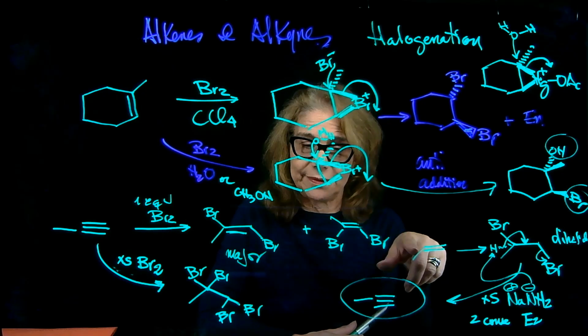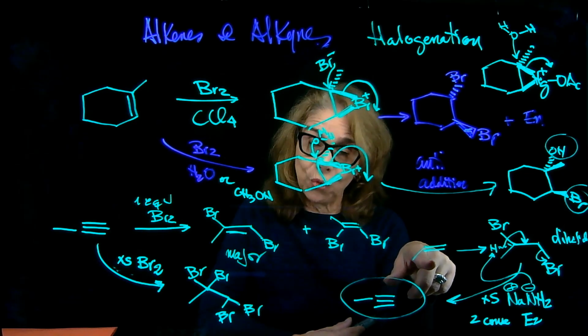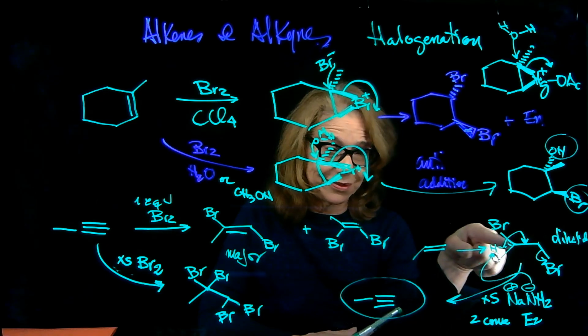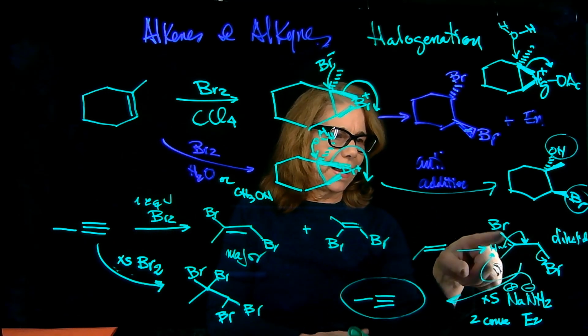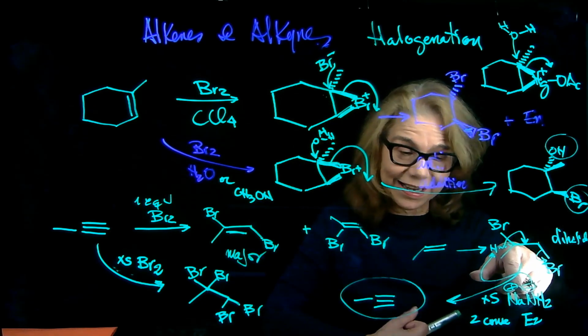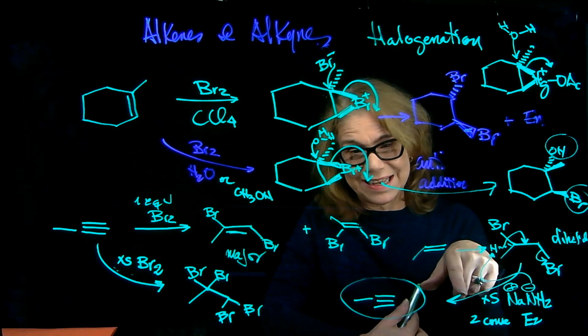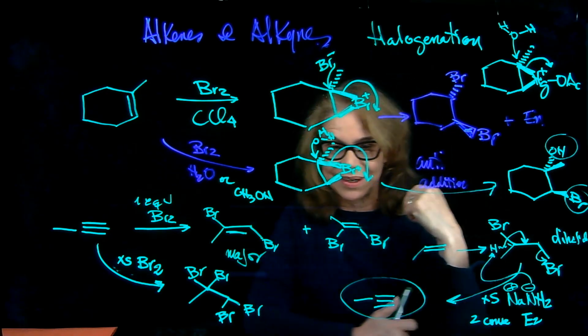And we can synthesize alkynes from alkenes. If you do one halogenation like this, you form a dihalide here. You can synthesize alkynes by using an excess of sodium amide and do 2 E2 elimination reactions to do that.